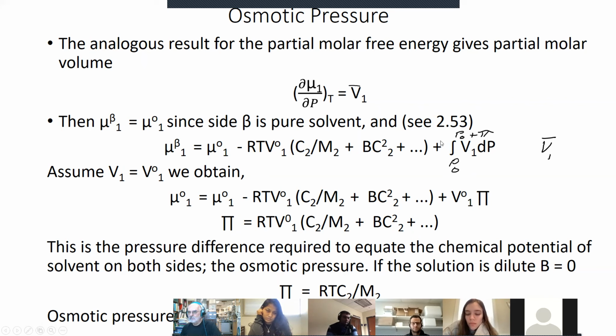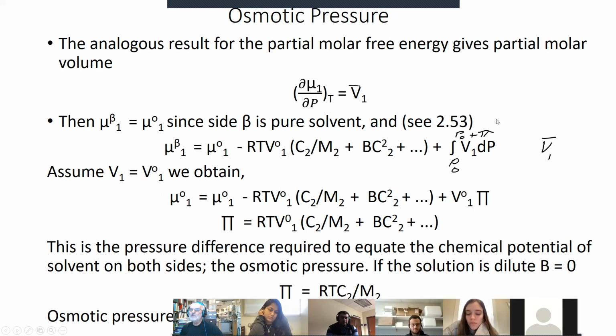This should probably be written as a V bar here. I've written it here on the side. What they do in the derivation is assume that this V bar of solvent is approximately the same as the V bar of pure solvent to simplify the derivation.